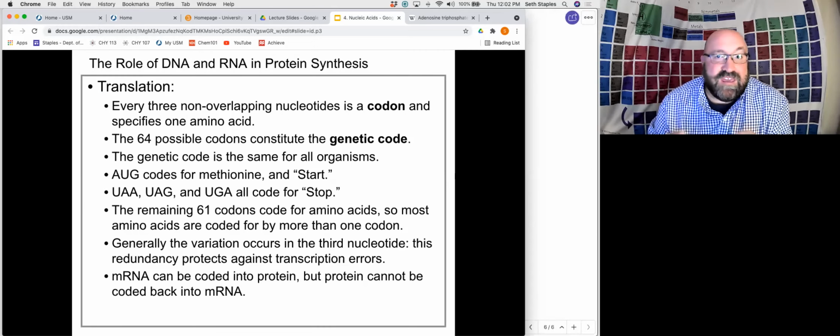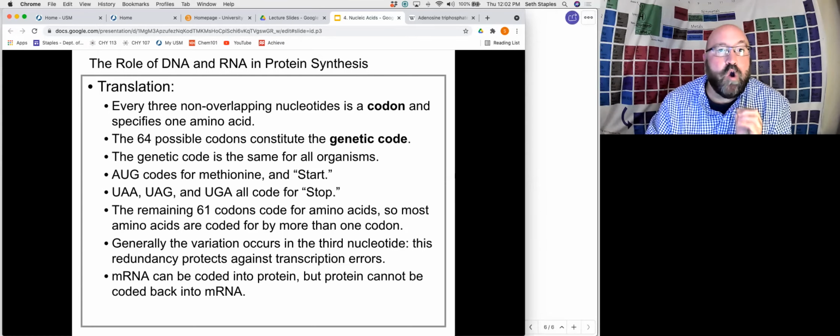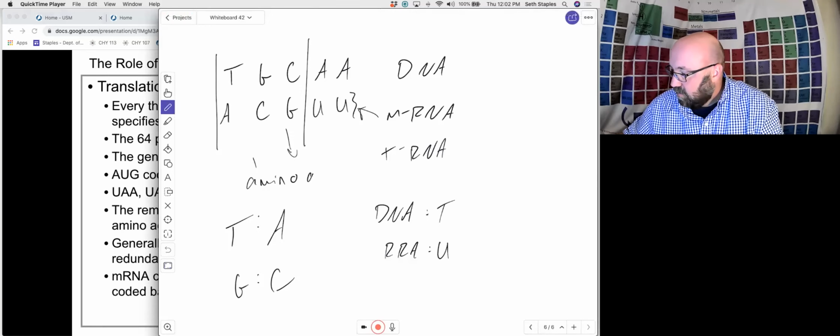Every 3 non-overlapping nucleotides is what we call a codon, and specifies one amino acid, and that's key. So here's our template for one certain amino acid.